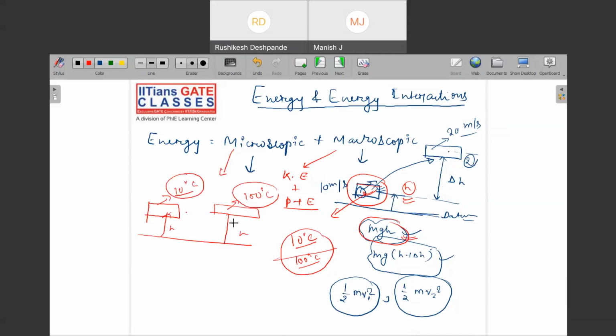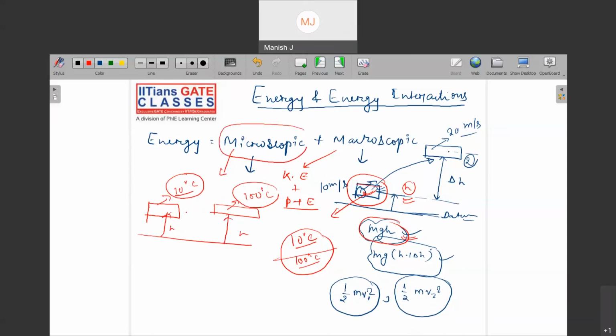Why? Because this H value from the datum is the same, but your energy due to temperature has changed. That means which energy has changed? Microscopic energy. The body as a whole has not changed, but its molecular energy has changed. So that means this microscopic energy must constitute things on the molecular level.